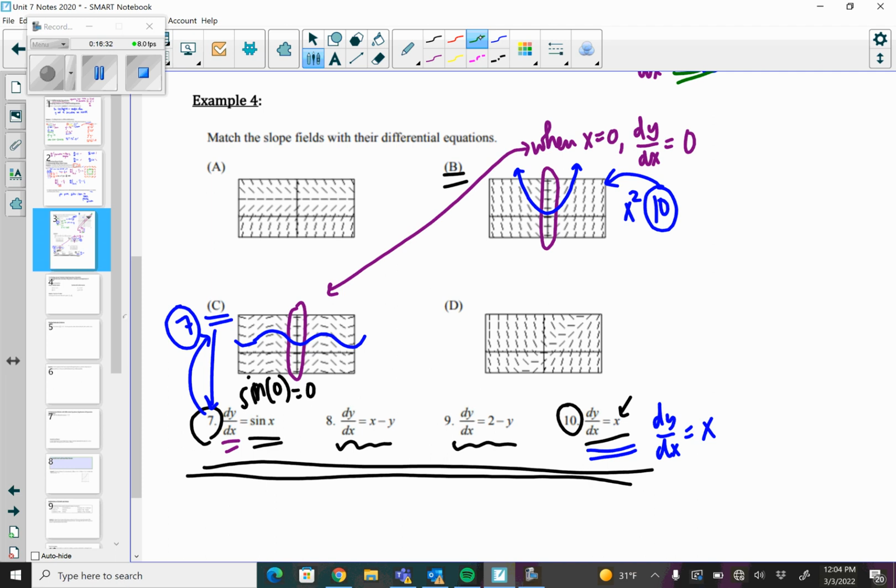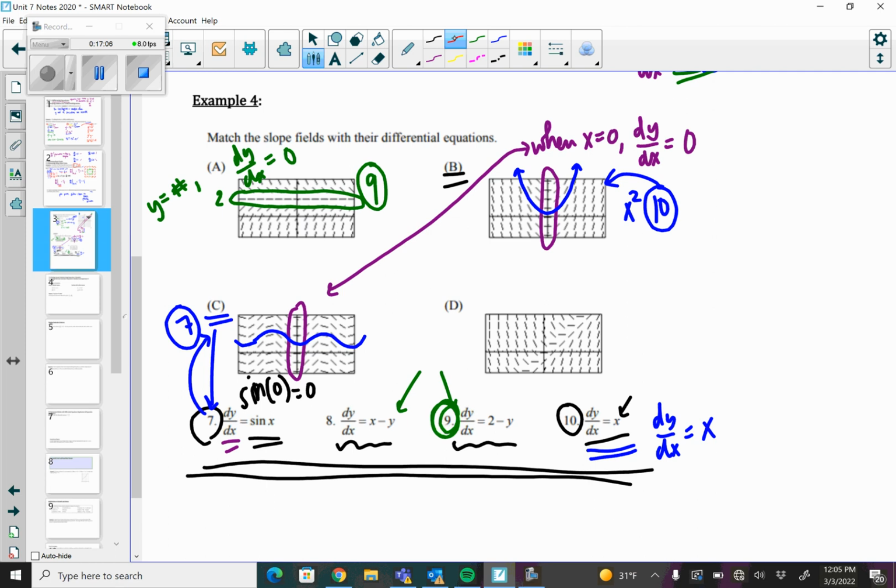And again, there's lots of different ways you can go about this. I might notice, hey, this right here, when y is equal to some number, I can't really tell, they don't give us a scale, then dy/dx is equal to 0. So of these two possibilities, which would make sense? Every time that y is this number, the derivative is 0, which means I'm thinking option 9 goes with A. Where y is 2 here, the slope would be 0.